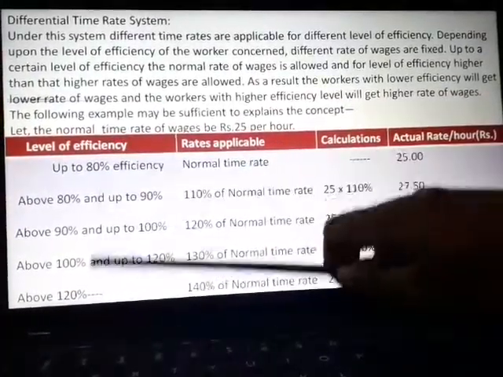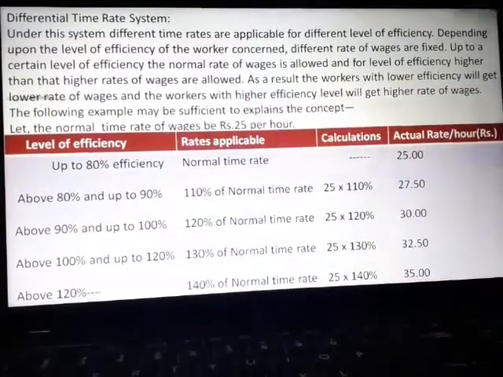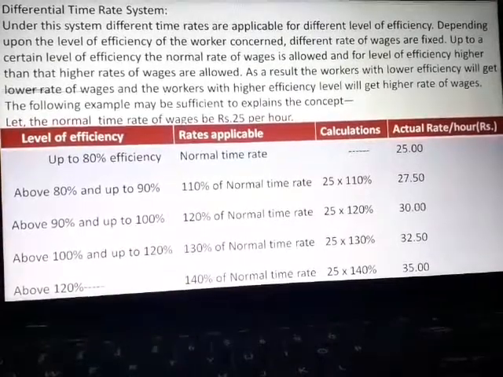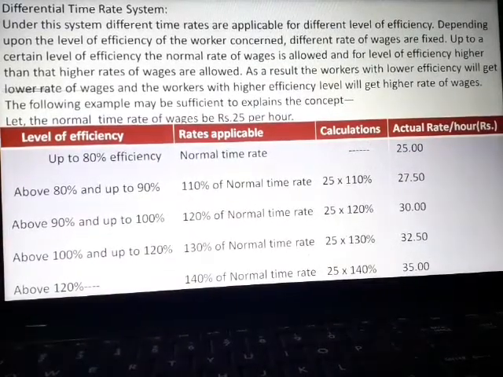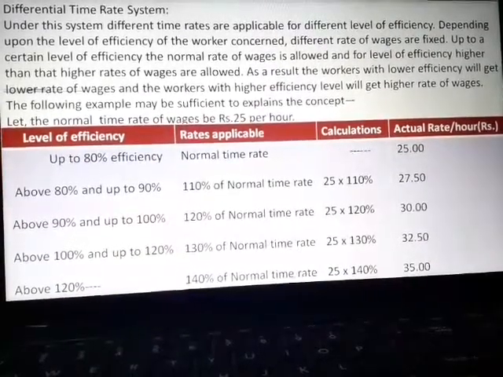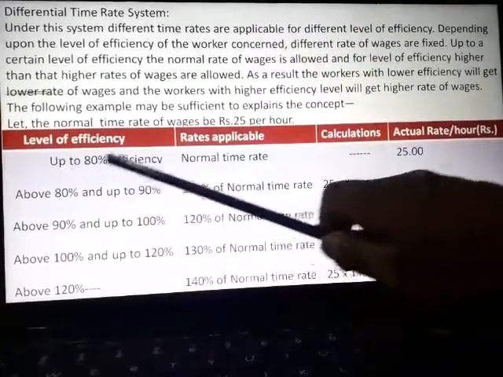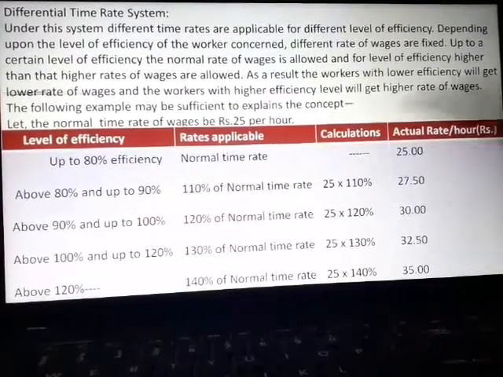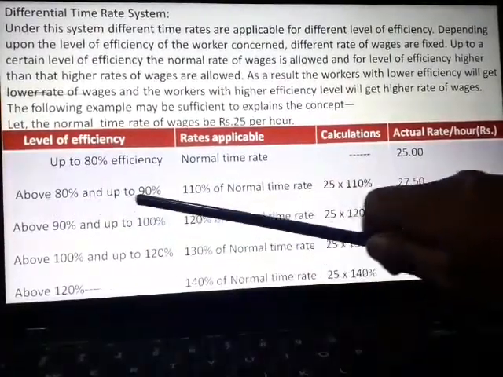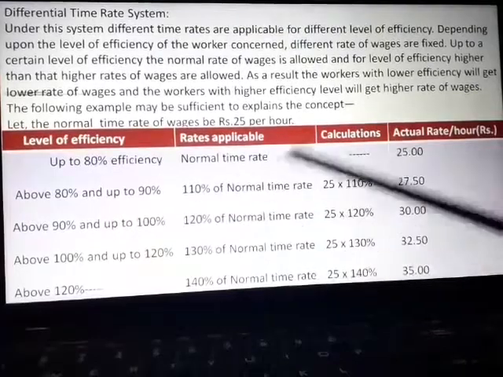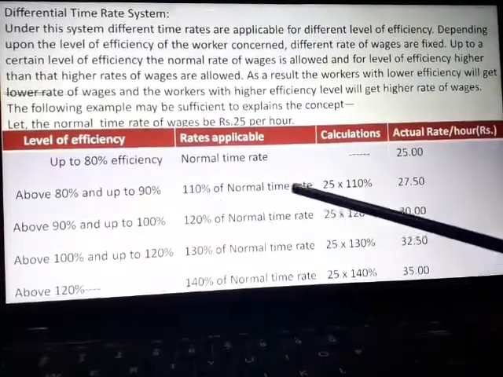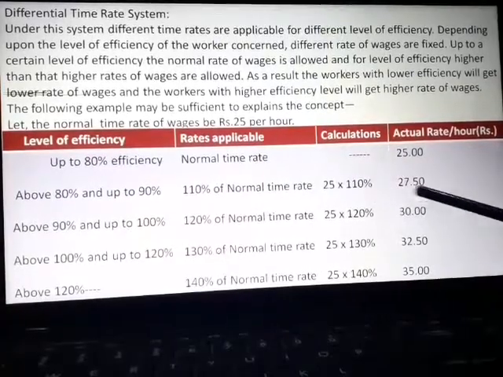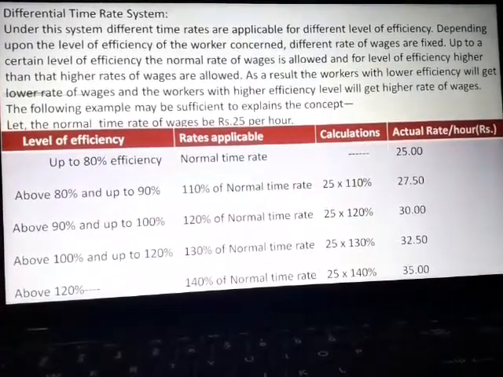Suppose this is the table showing how time rates are increasing with the increase in efficiency. See, up to 80% efficiency, normal time rate, that is rupees 25. Above 80% but up to 90% efficiency, workers will get 110% of normal time rate. Normal time rate 25, 110%, rupees 27.50 per hour.